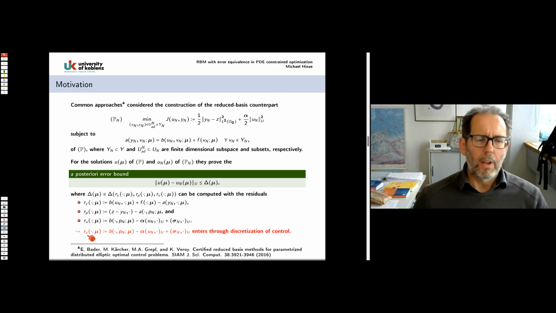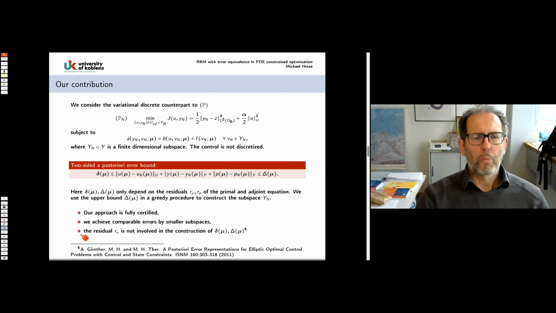So then the question is, is it possible to design an approach which avoids the explicit discretization of the control, also in the reduced basis context? Yeah, this is now our contribution in this context. So the problem we looked at looks very similar to what we have seen before, but here at this part, no discrete control enters. And in the minimization, I keep the control where it was, namely in U admissible.